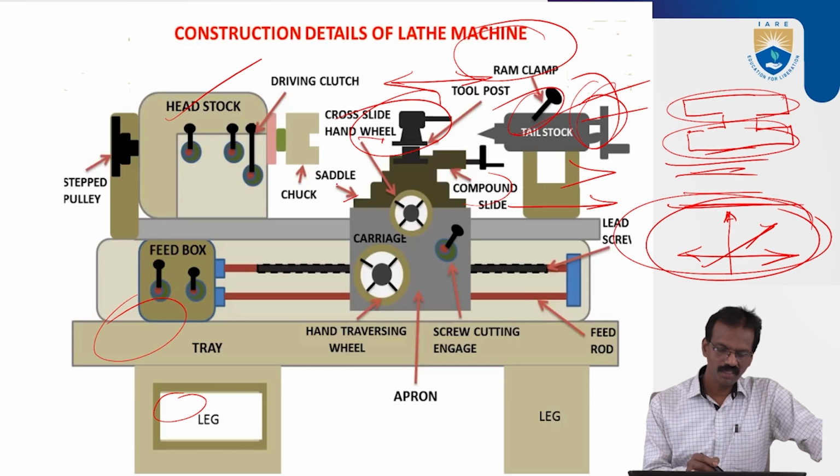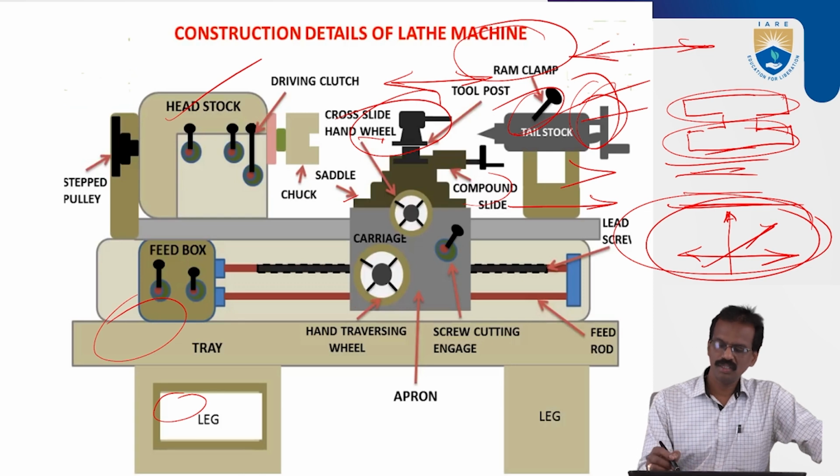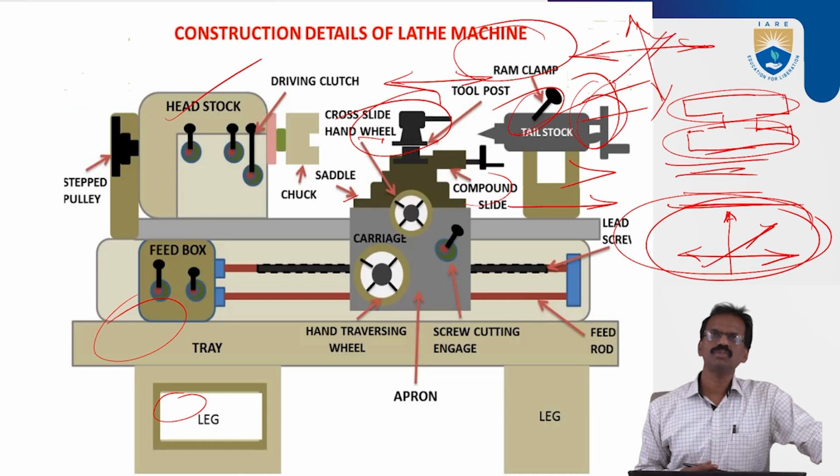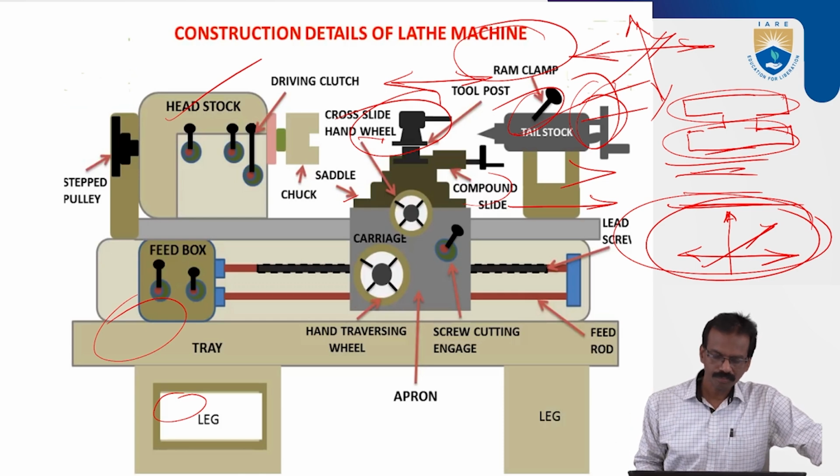With the help of the compound rest we get the angular movement. So the tool has three types of movements: horizontal, vertical and inclined. That is provided by the carriage.